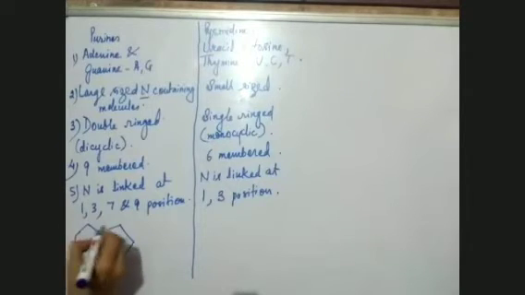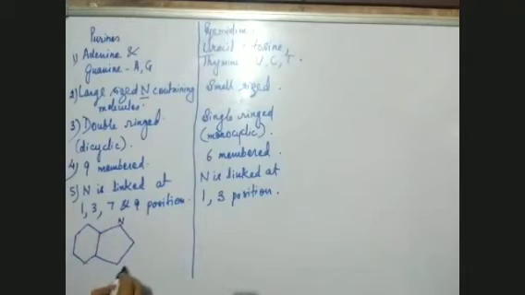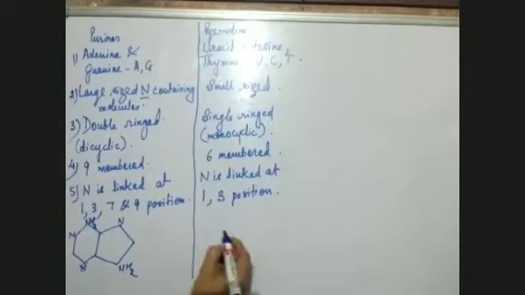The position of nitrogen is in the form of NH, somewhere in the form of NH2, and somewhere in the form of this. So if you count it, 1, 2, 3, 4, 5, 6, 7, 8, 9, these are 9. So that is why we say that it is 9-membered. And there we are saying that it is 6-membered.